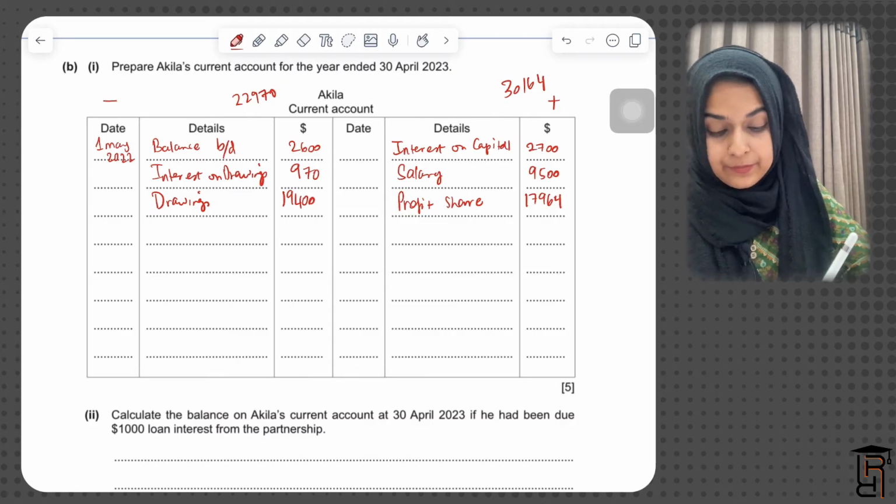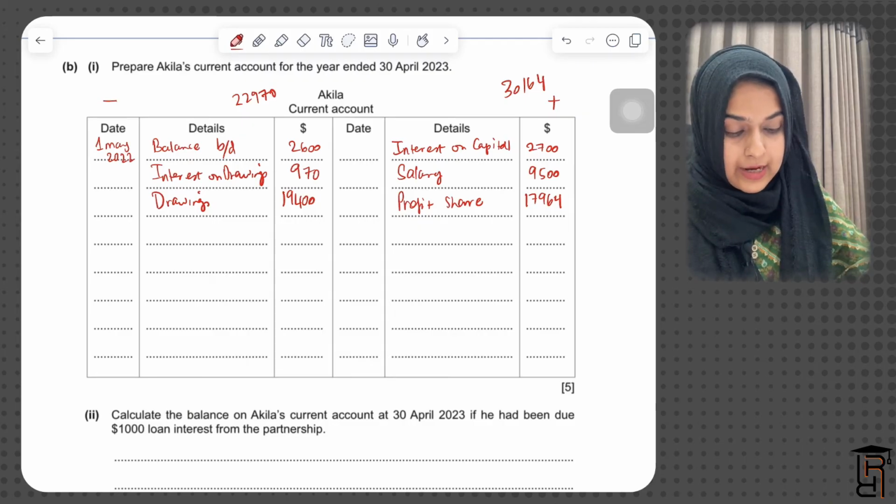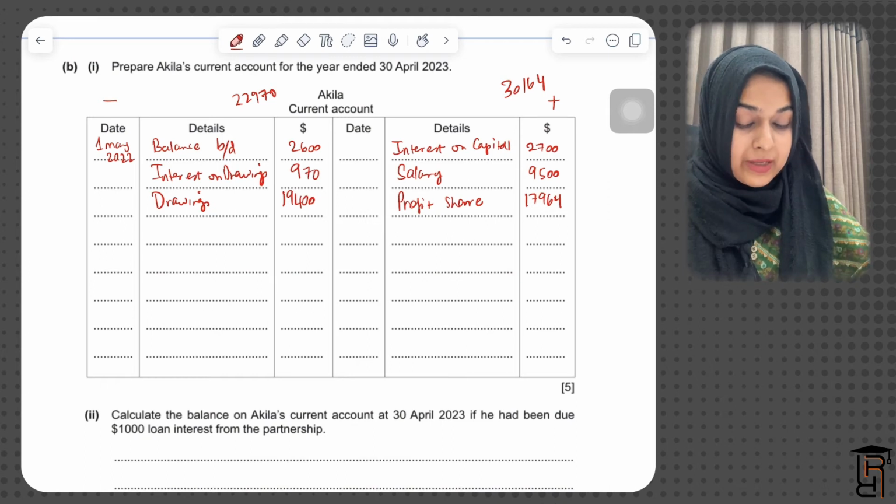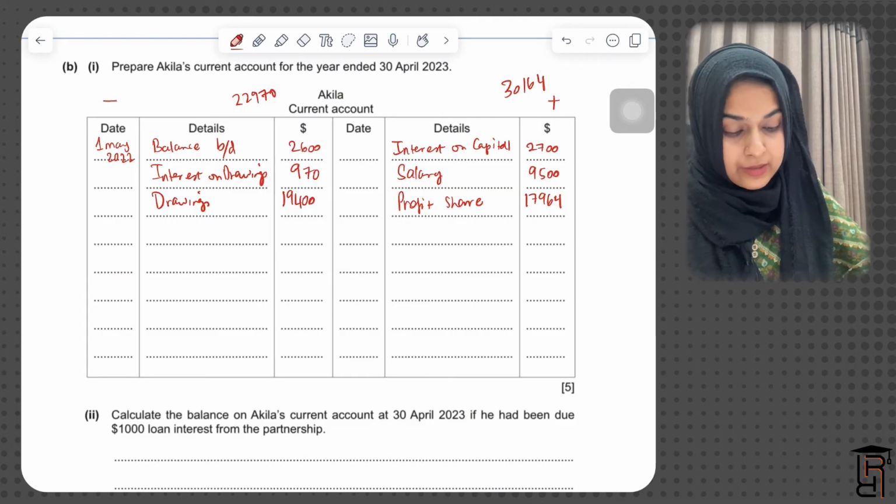This is going to be 30th April 2023. The account will total at 30,164 on both sides. This balance carried down will become your balance brought down. I'll write here balance brought down, 30th April 2023, 7,194. This will be 1st May 2023.